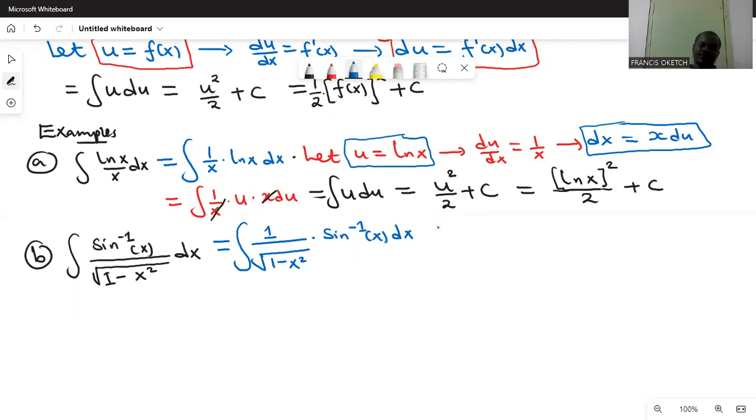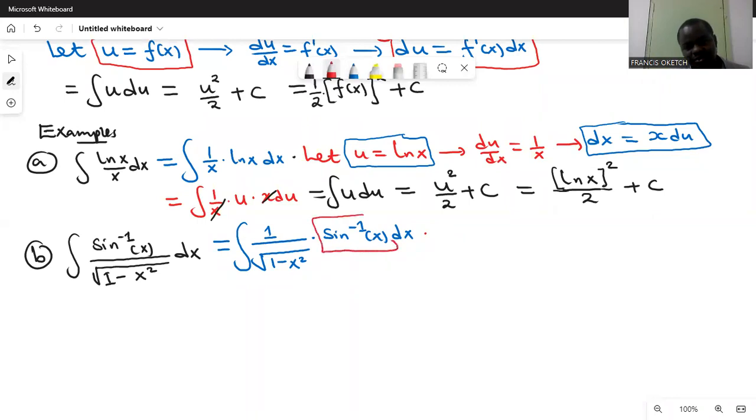So one of those functions is f of x, another one is f prime of x. So check, which one do you differentiate to get the other? You realize when you differentiate sine inverse of x, you get 1 over root 1 minus x squared. Recall what we did in calculus 1, that is differentiation of inverse trigonometric functions. So we realize that here, this will be our u.